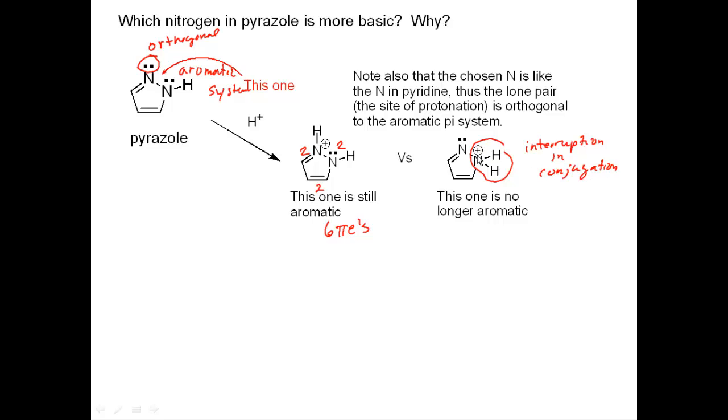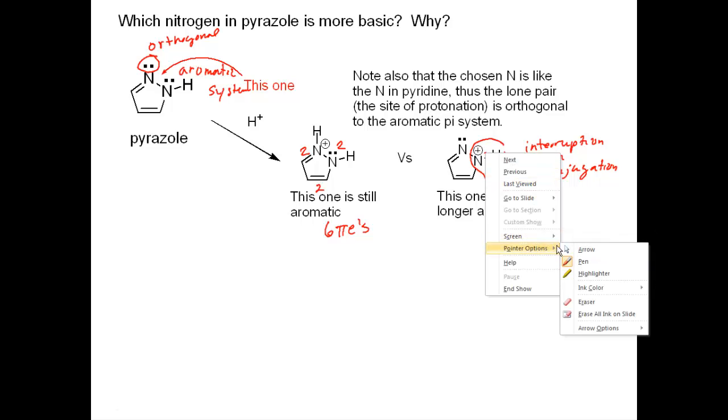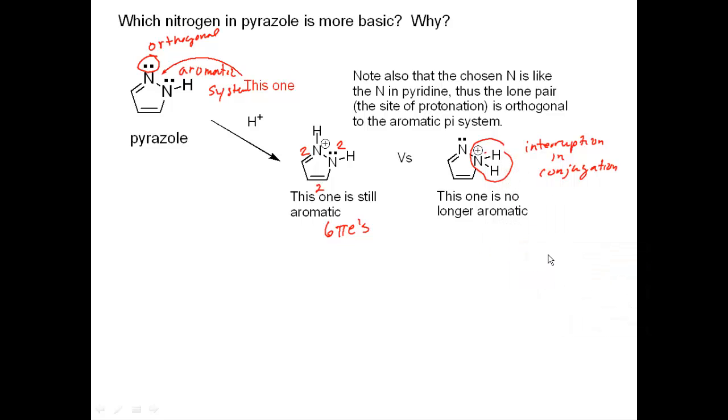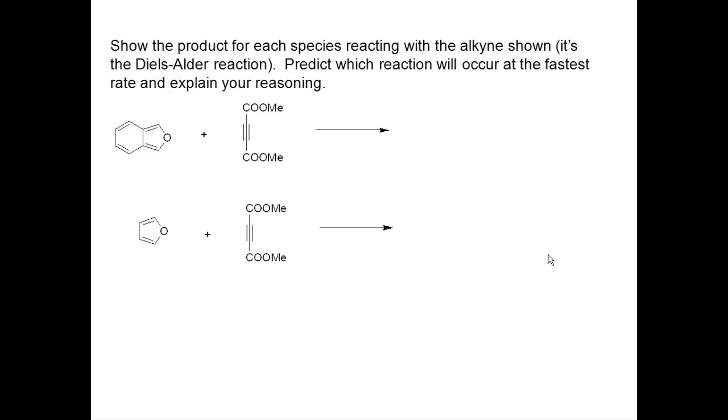Okay, there's no lone pair at this nitrogen, and thus there's nothing to continue the conjugation in this system. Okay? Alright, so the nitrogen that's part of the double bond, or the nitrogen that's orthogonal, is the more basic lone pair in pyrazole.